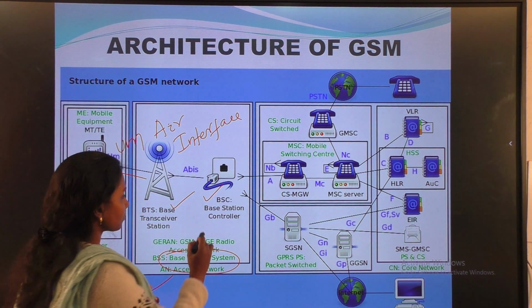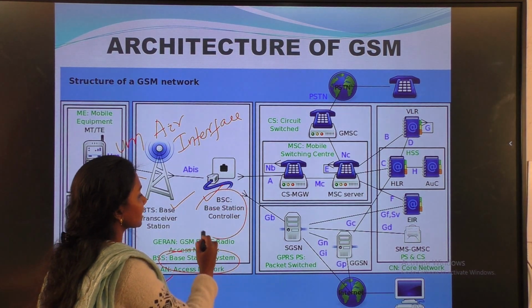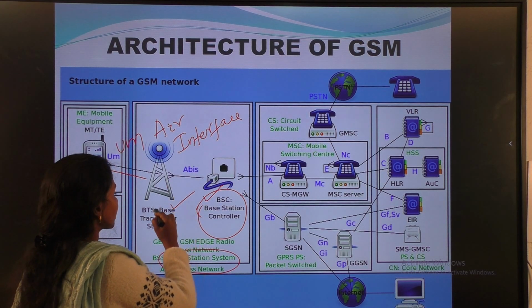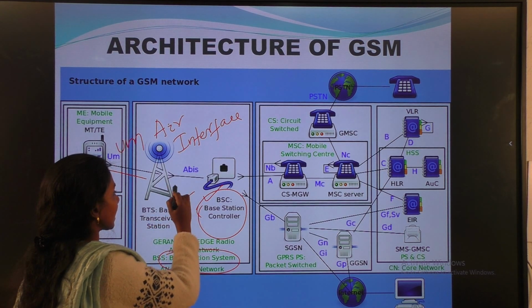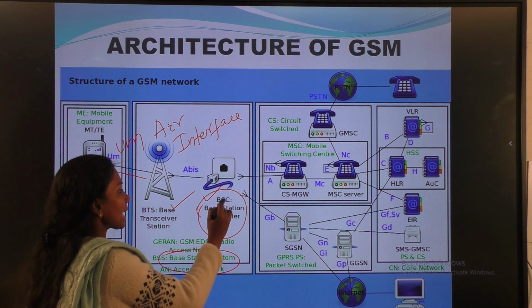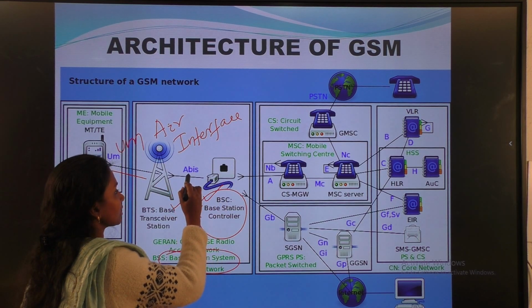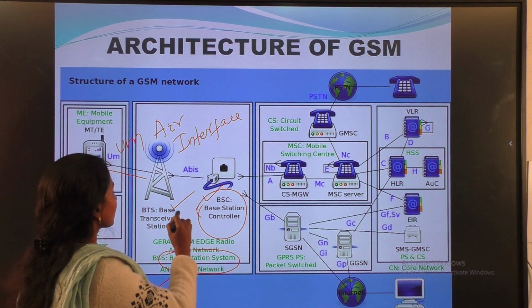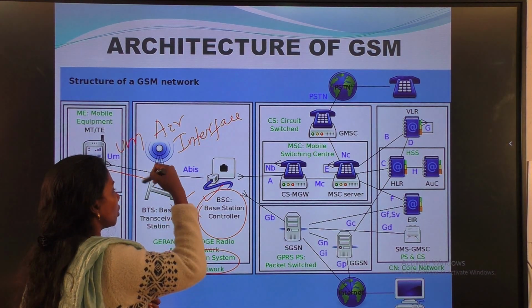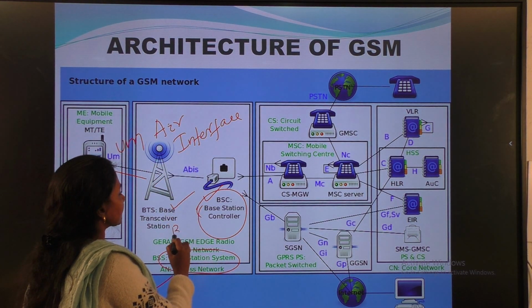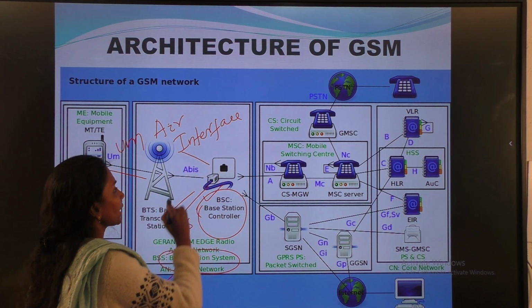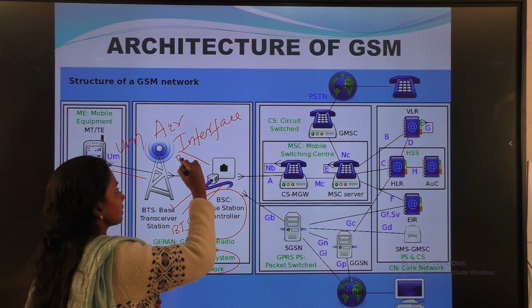And here this base station controller is a main part, and you see that the BTS is connected with this BSC with an interface, that is the Abis interface. So here a number of BTS can be connected with a single BSC.